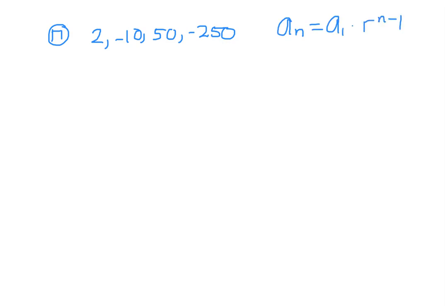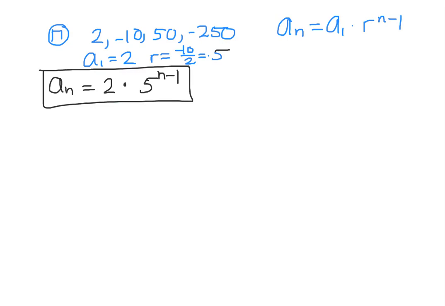So we need to know what r is. a1 equals 2, r equals negative 10 over 2, which is negative 5. So our explicit is an equals a1 times r to the n minus 1. That's our explicit for number 17.